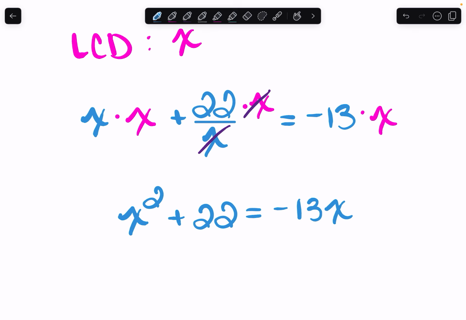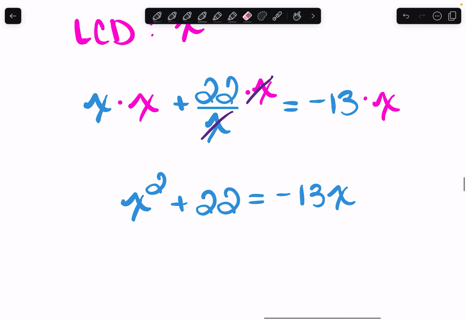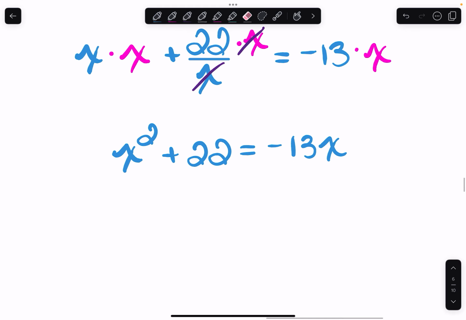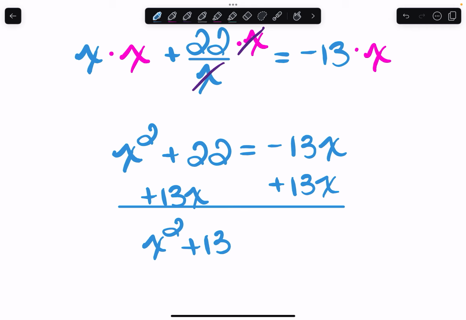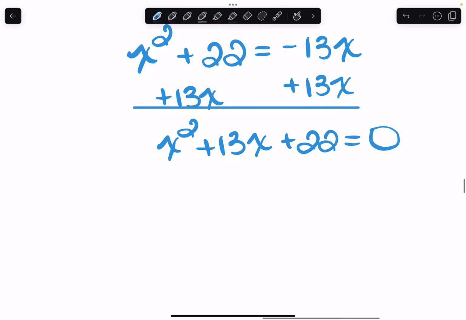What we need to do is get everything on one side. We're going to have to solve by factoring. So we're going to add the 13x to both sides. We want to list them in order. So x squared plus 13x plus 22 equals 0. And we're going to factor.